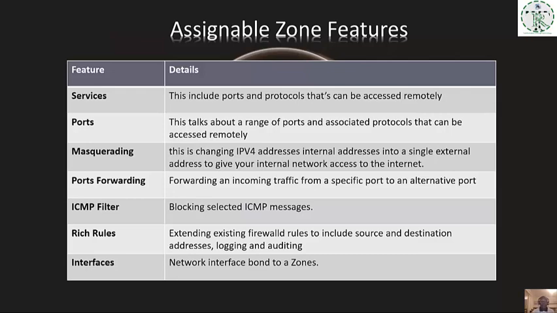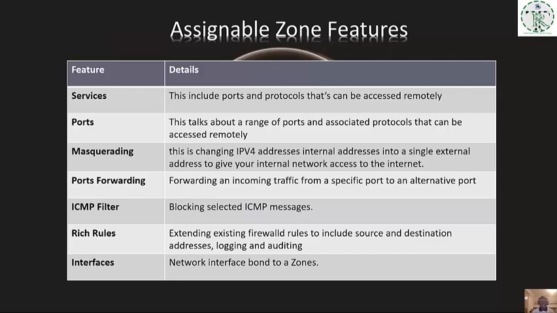Talking about port forwarding, this is a situation whereby you can decide to allow incoming traffic, for instance, route a telnet connection through port 80, which is like the HTTP protocol. In Windows, this is not possible, but in Linux, it is possible and it can be done.